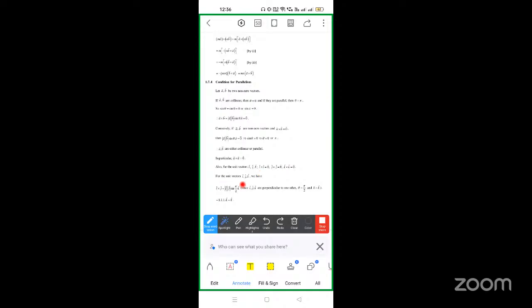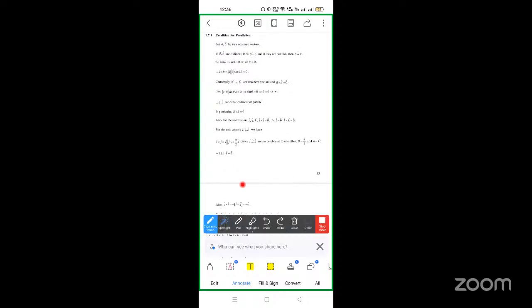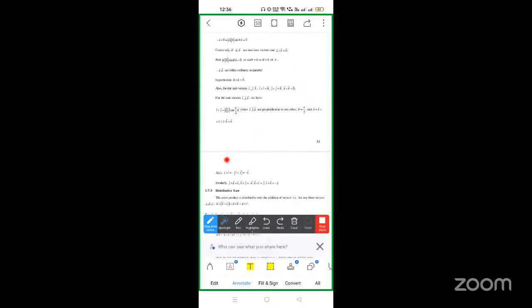For unit vectors i, j, k, we have i cross j is equal to k, and in reverse, j cross i is equal to minus k. Similarly, j cross k is equal to i, k cross j is equal to minus i, k cross i is equal to j, i cross k is equal to minus j.